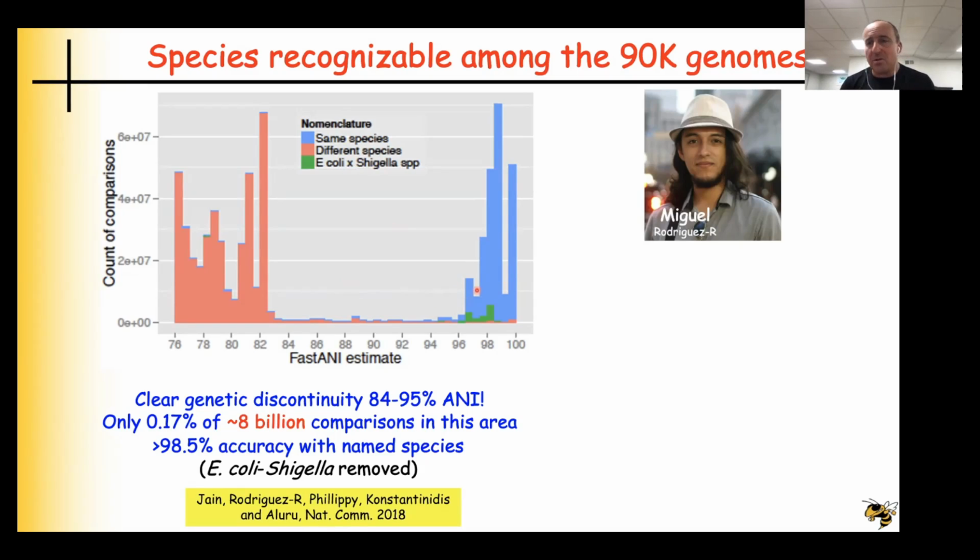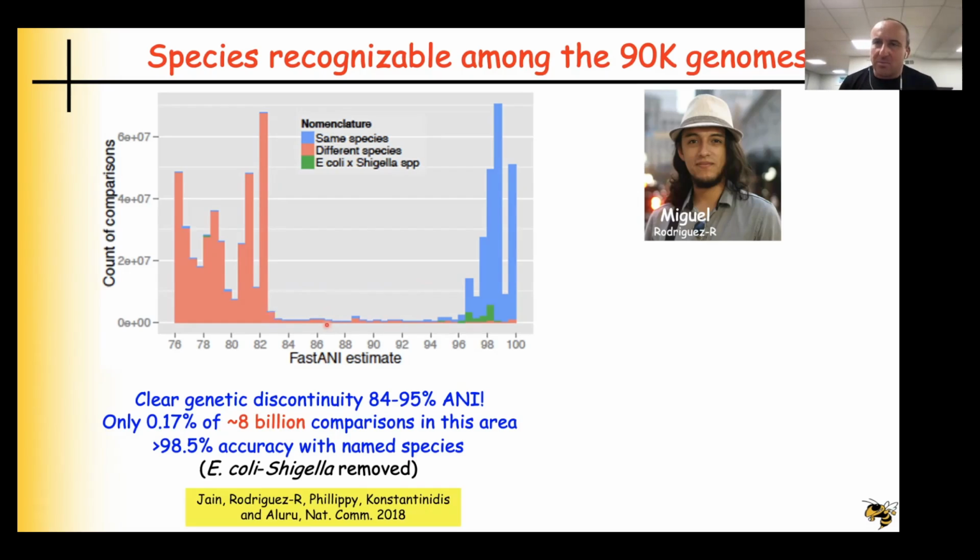They are either above 96% when they are closely related, and most of these are actually already in the same species. So the way we have been describing species seems to be consistent with a 95, 96% ANI threshold. Or they are distantly related, below 85%, and there is a lack of data.